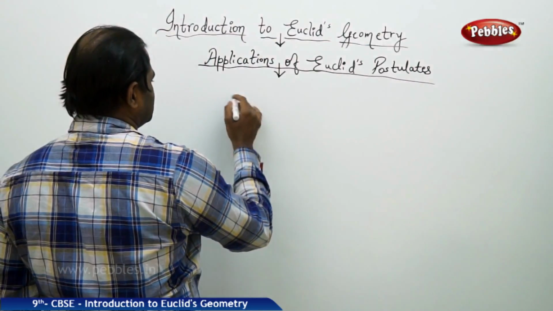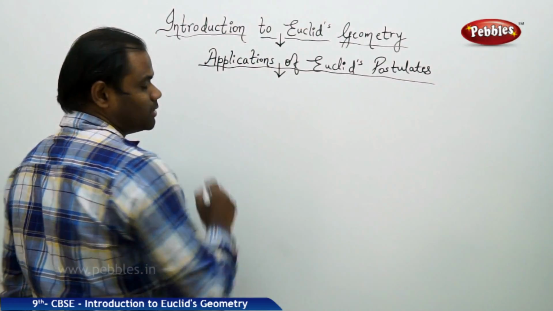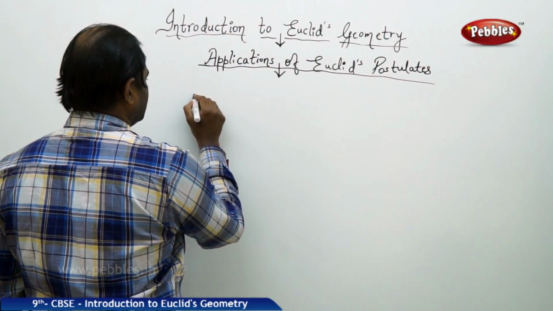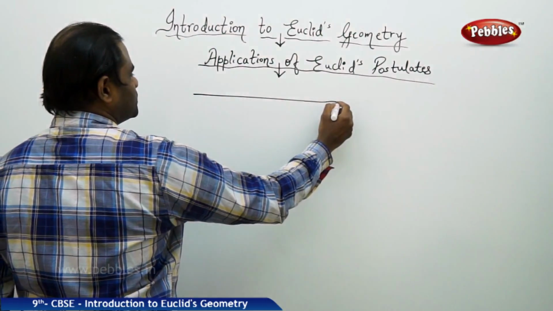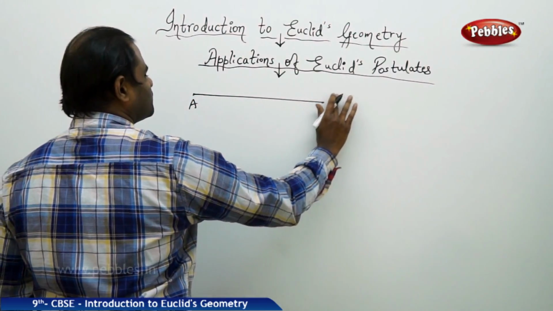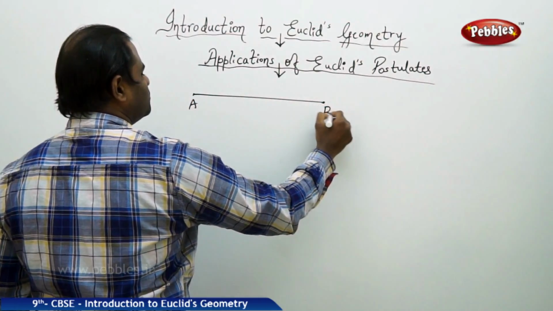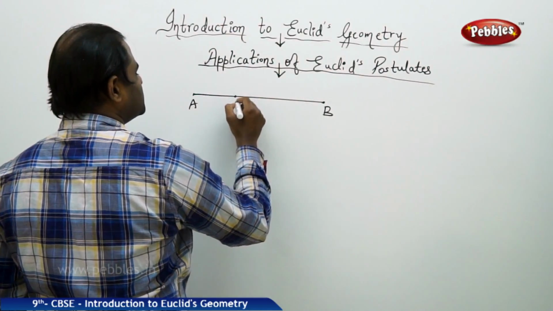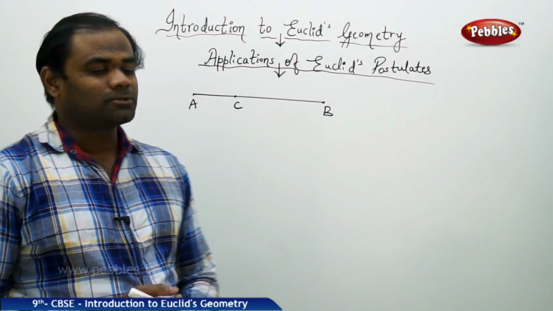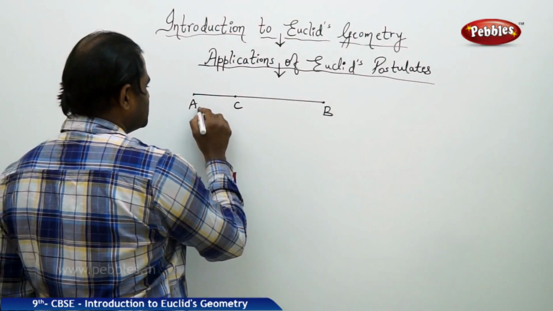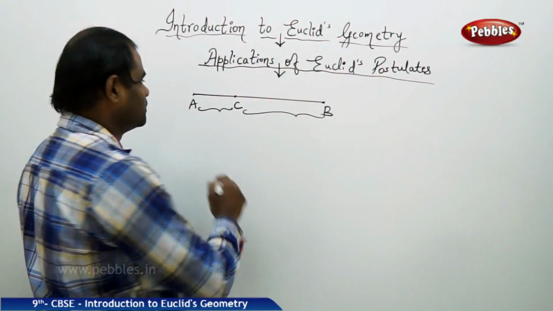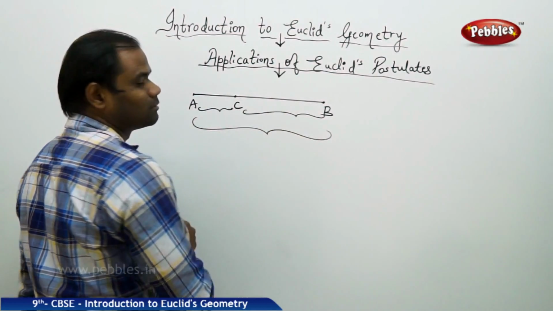As we have seen the 5 different postulates, let me come with this property. Say I have a line segment AB, and C divides the line AB. In this case, I clearly see that the distance AC and the distance BC when added gives me the distance AB.